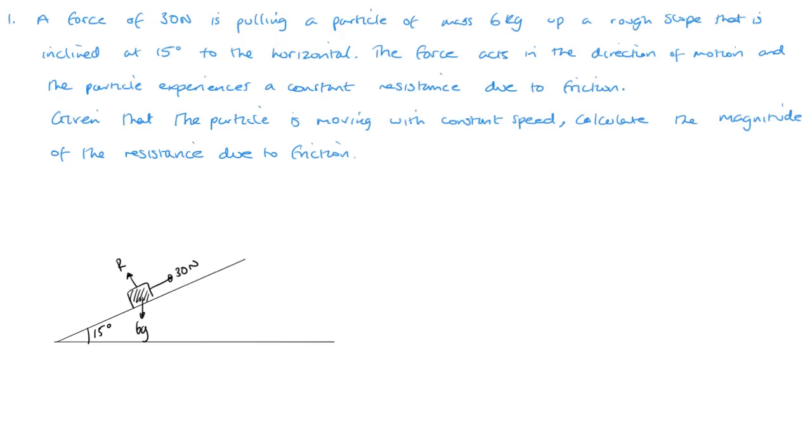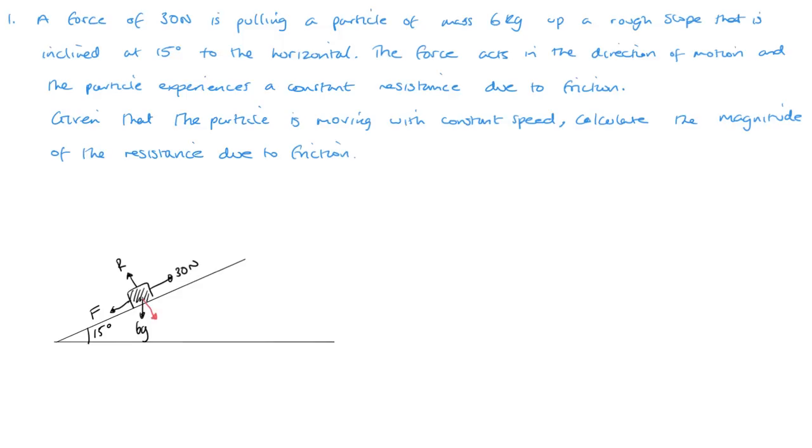And then this particle experiences a constant resistance force due to friction. So resistance is in the opposite direction of motion. And we'll use F for friction there. Okay. So since the frictional force and the 30 Newton force are parallel to the plane, I don't have to worry about those.